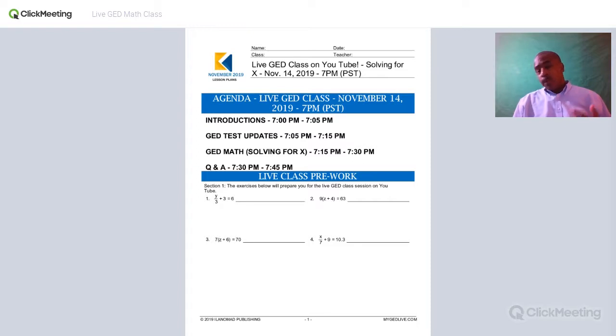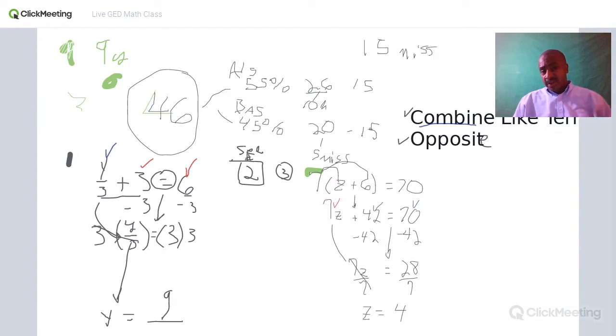So if you're not prepared for that, that's the idea of tonight, is to get you prepared for the things that you're going to see on the test. So it's not always just a straight ahead number. Sometimes it involves decimals, and it involves fractions when we're talking about solving for x.